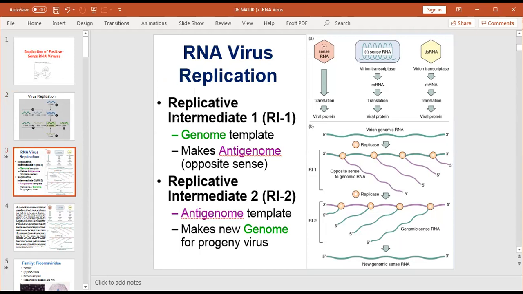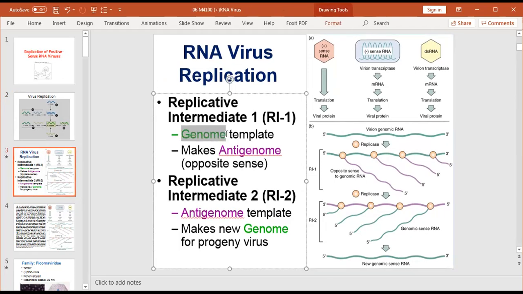We have two steps of it, replicative intermediate 1 and 2. What happens in all of these RNA viruses is pretty much the same, it follows the same format, where whatever your genome is serves as a template, and this template makes an anti-genome, or an opposite sense.